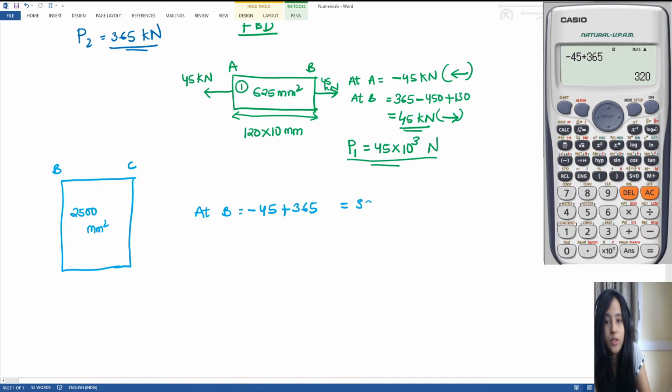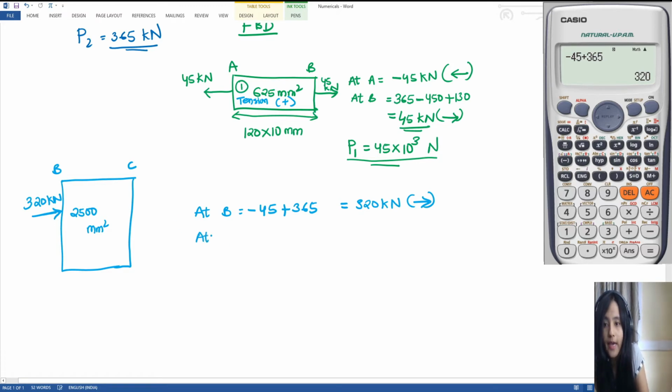So it is 320 kilonewton, and it is positive, so it is going to the right hand side direction. So at B it is going inside, so here it is 320 kilonewton, right? This body here is under tension, right? Tension, and it is positive. It means that the length of this AB is increasing since this body is under tension.